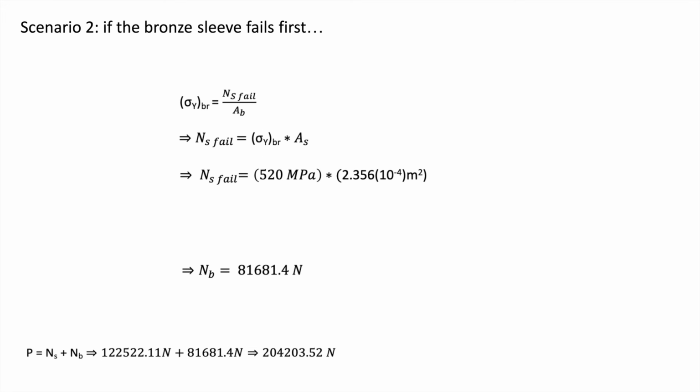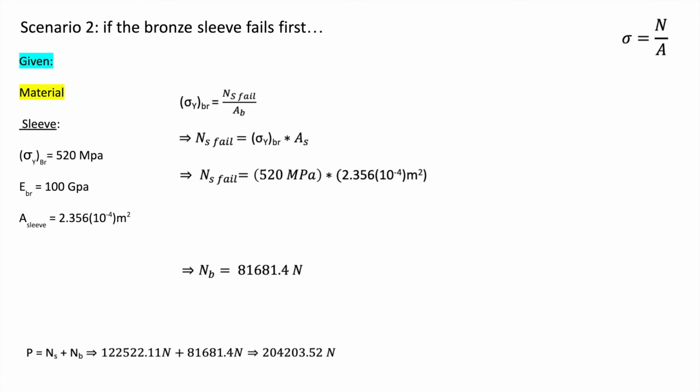Now we're going to do the same thing for the bronze sleeve, but we're obviously going to use the yield stress of the bronze, or was it brass? Either way, we're going to multiply the yield stress by the area, and we'll get a force.